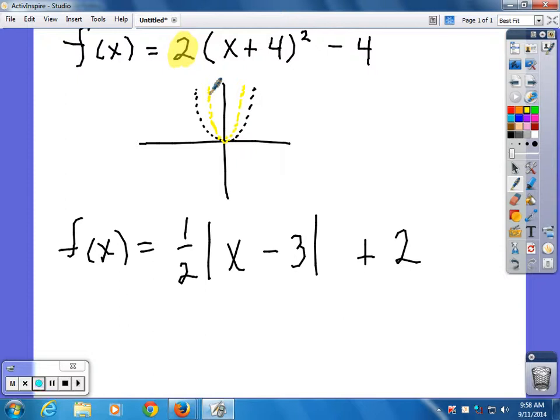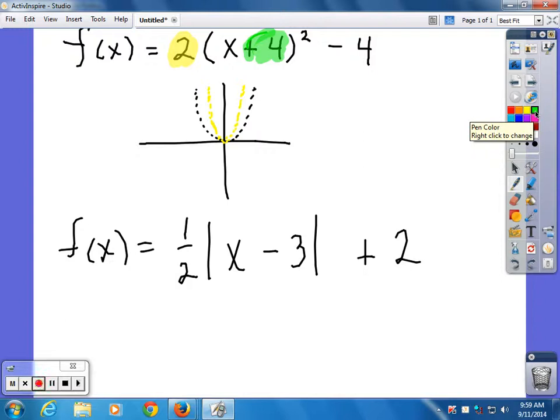Then we will highlight the 4. What shift is that? Horizontal shift, and it's always reversed.